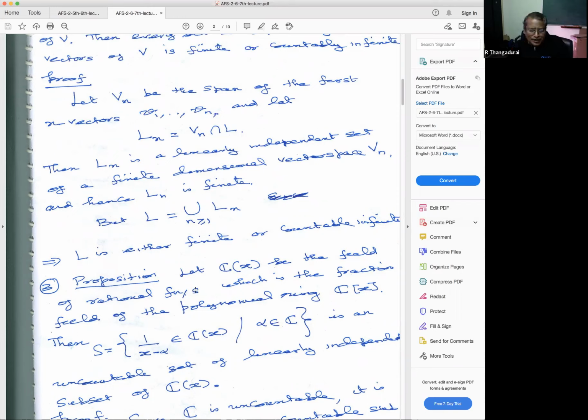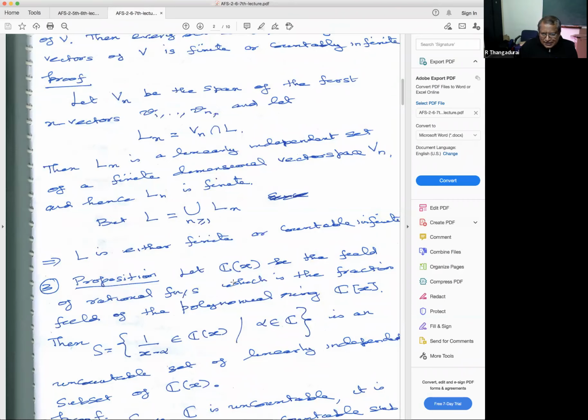Here we are not taking all, but we are taking 1 by x minus alpha, a rational function inside C(x), and alpha I am varying over all the complex numbers. So for each complex number alpha, I take one rational function which looks like 1 by x minus alpha. That collection I call S.